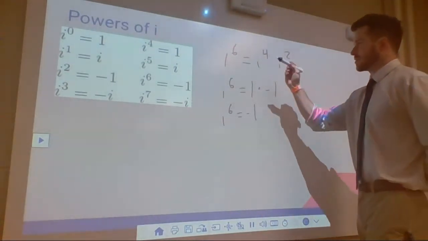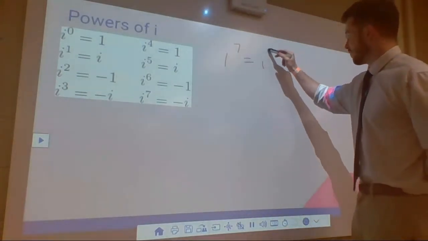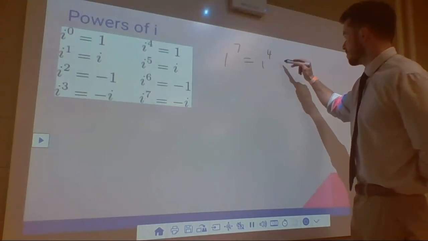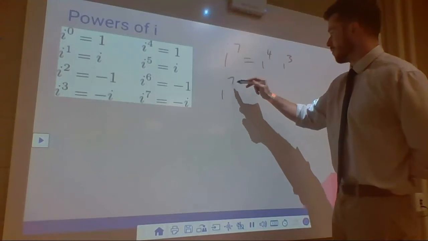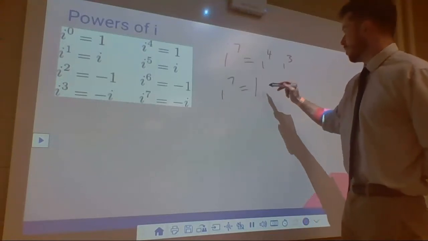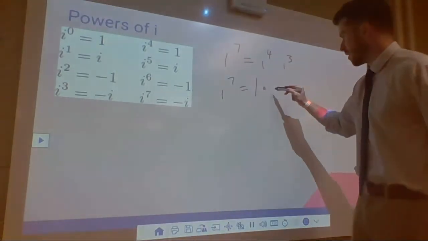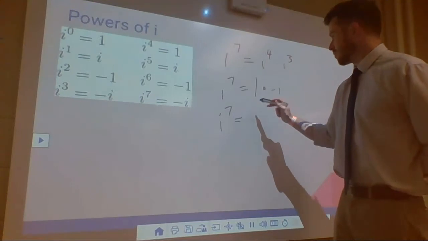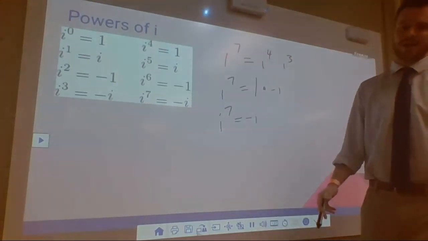Lastly, let's do i to the 7th. i to the 7th is i to the 4th times i cubed. We know i to the 4th is 1, times i cubed, which we should know is -i. So i to the 7th equals 1 times -i, so i to the 7th is -i.